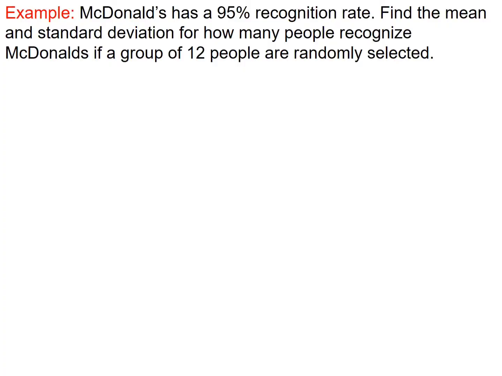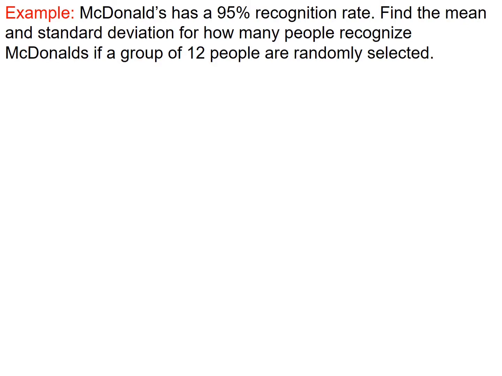Alright, so lastly, let's do a problem where we're going to be finding the maximum and minimum values of usual and unusual numbers. McDonald's has a 95% recognition rate. Find the mean and standard deviation of how many people recognize McDonald's if a group of 12 are randomly selected.